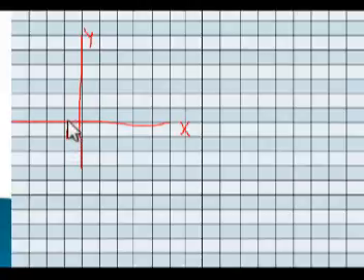Now when a is greater than 1, the graph will touch the point (0, 1). This is the point (0, 1). Now it passes through in this way. It does not touch the x-axis. So this is for a greater than 1, y is equal to a to the power x for all values of x.